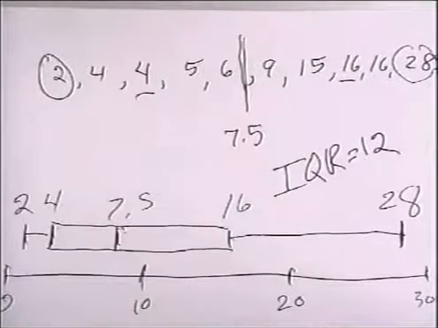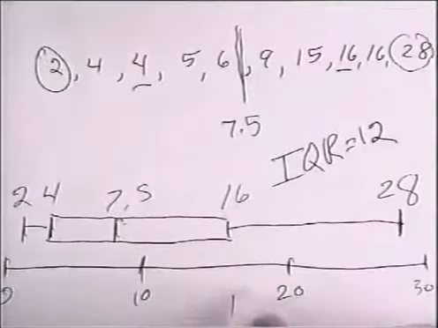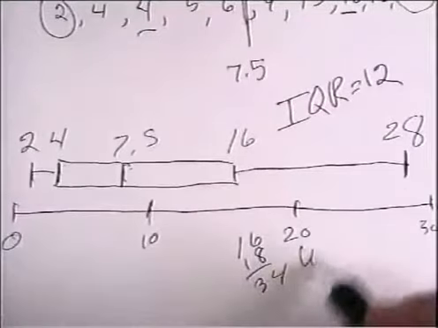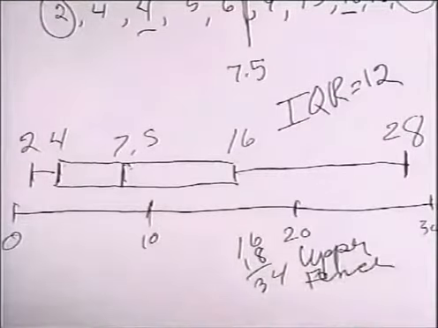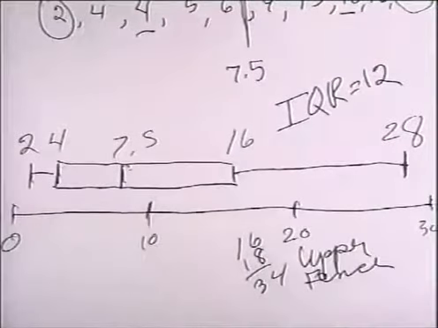I take 18 and I add it onto 16. And so 16 plus 18 gives me 34. This is my upper fence. Okay? So 28 is not an outlier because it is not above 34. If I took that same value, 18, subtracted it from 4, it would be minus 14. Obviously, 2 is not below minus 14.